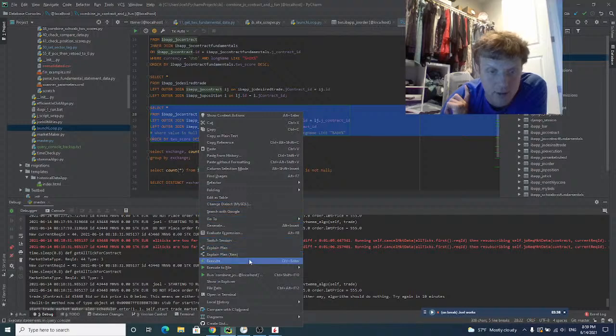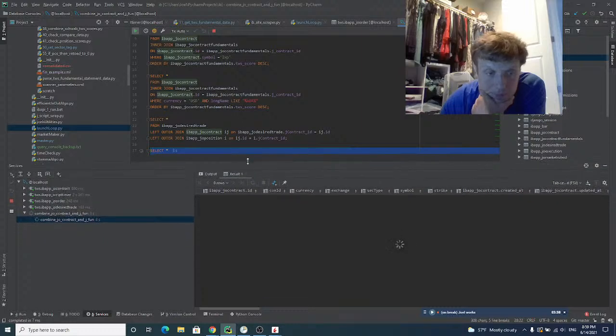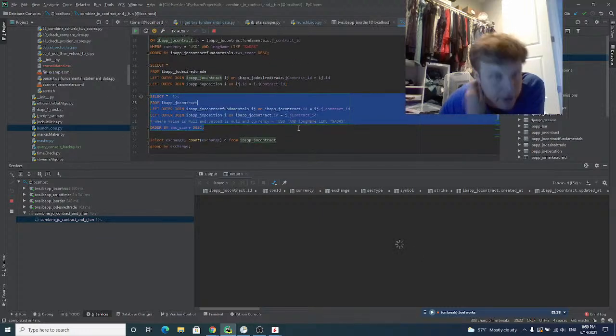So if we go executes, it just takes a few seconds to run. It's joining three very large tables with left outer joins, which means they're tripling in size, and one of those tables has 30,000 rows, so I think this usually takes 30-something seconds or so. I might have to go look at something else and come back.